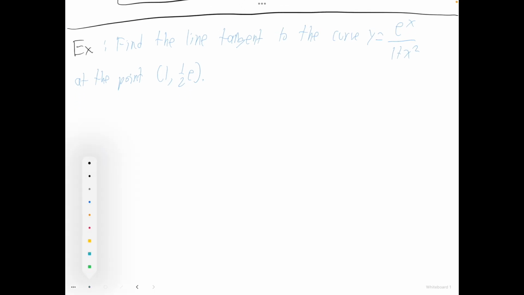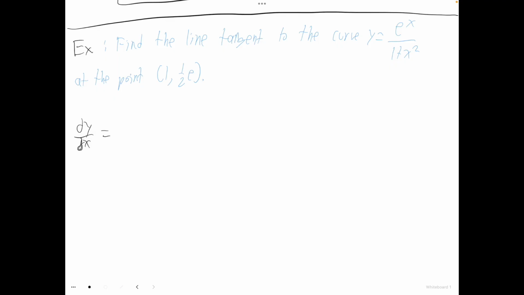Okay, so we want the tangent line. And so remember, to find the tangent line, we first need to find the slope of the curve at that point. So we want to know what the slope is at 1, which is going to just be the derivative evaluated at 1. So we want dy over dx.